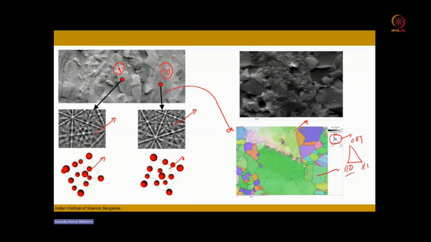You can see that in this particular sample, most of the grains are textured along 110. So most of the grains are oriented along the 110 direction.